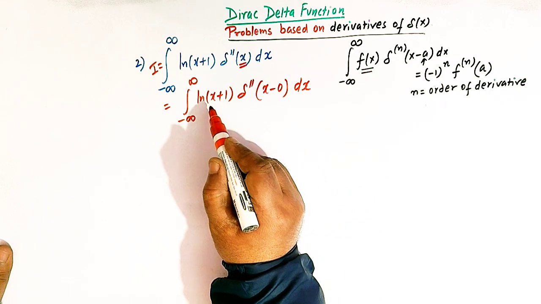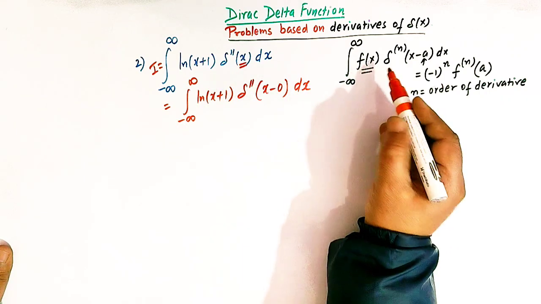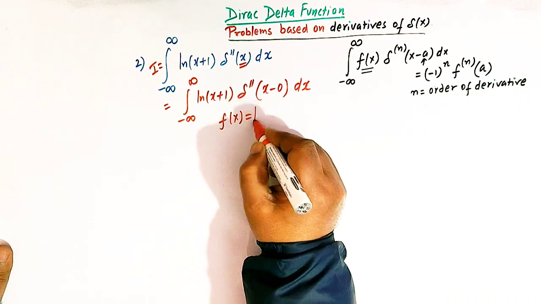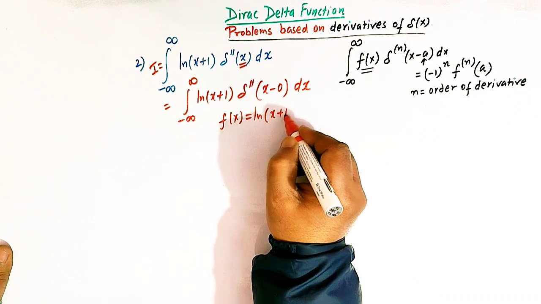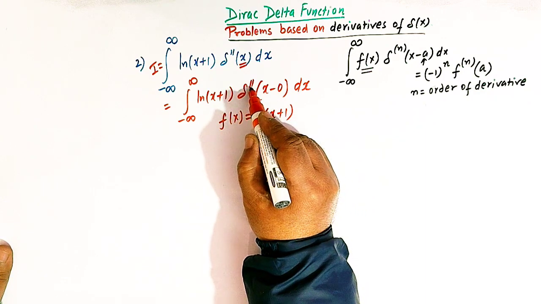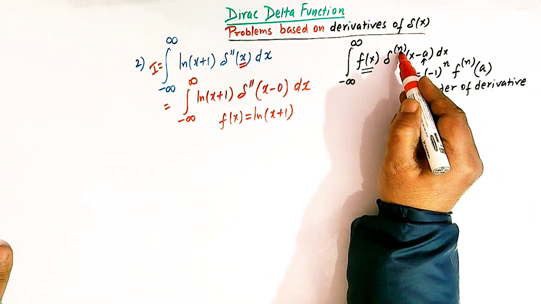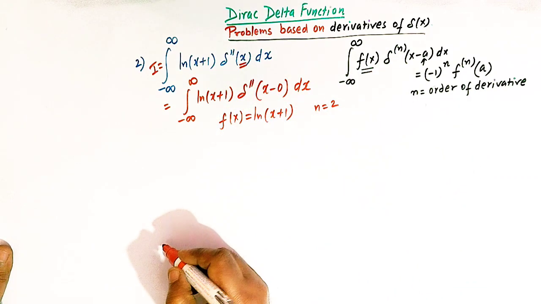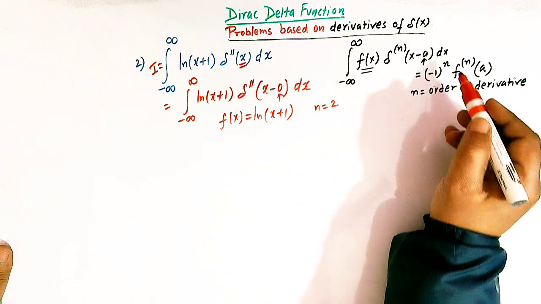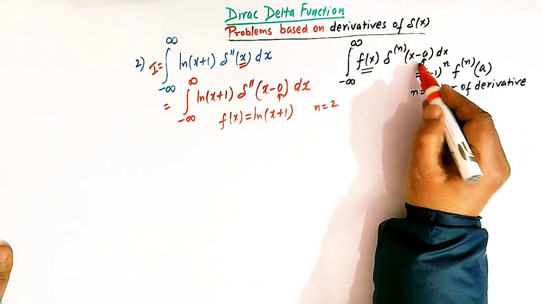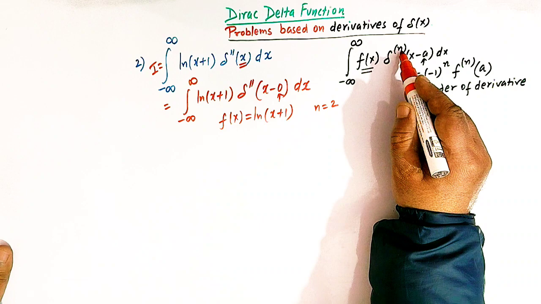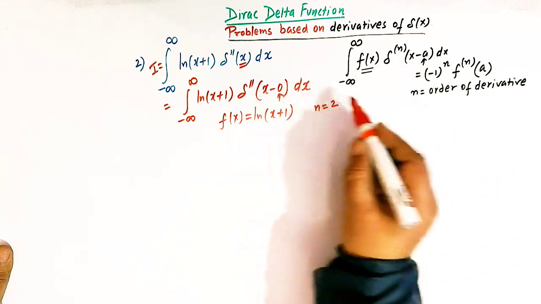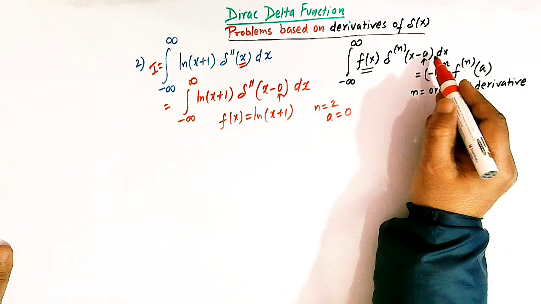And now if we compare this integral with this one, then our function f of x is given by log of x plus 1. And here the order of derivative is n, and n is given by 2, right? And the value of a, that is the point where the delta function takes the value, is a equal to 0, right?